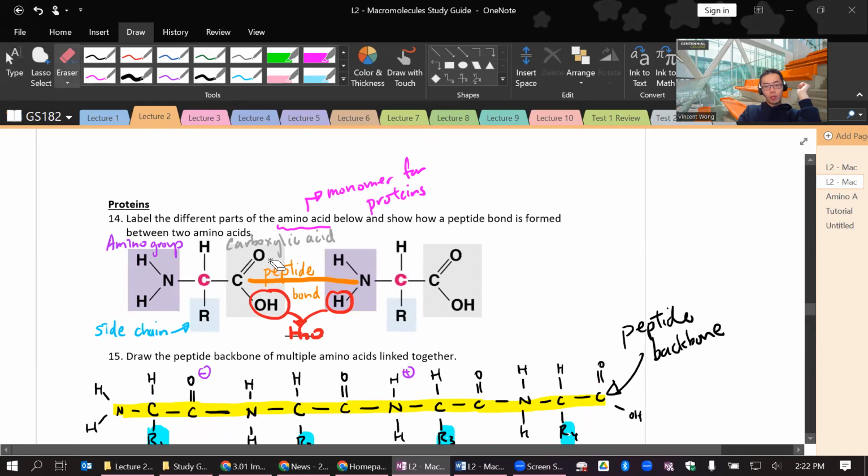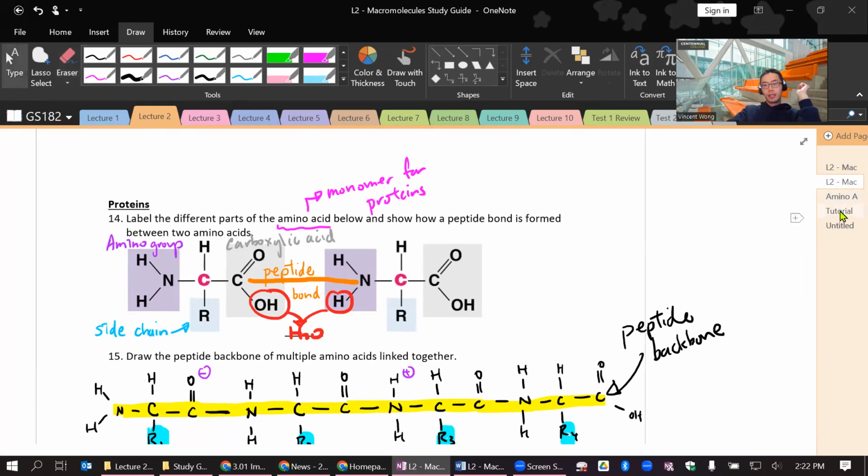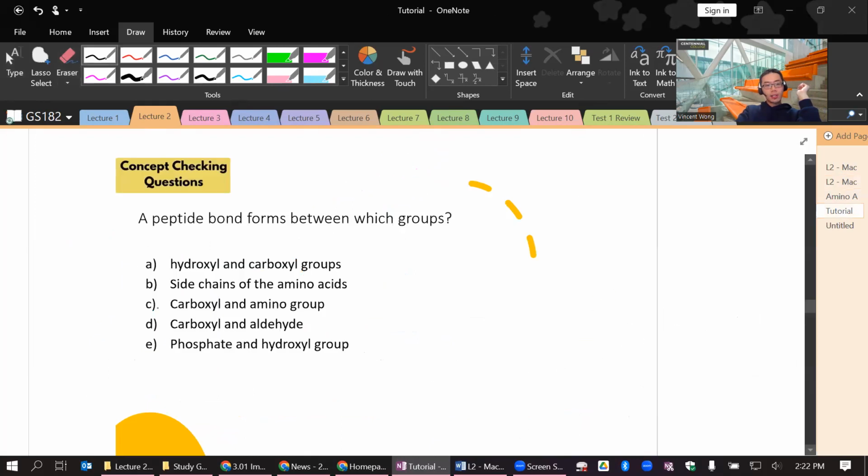It's just the carboxyl group connected to the amino group. So the correct answer for this is C. Carboxyl means carboxylic acid. Some of these questions might show up on your quiz, so please do review them on your own time.